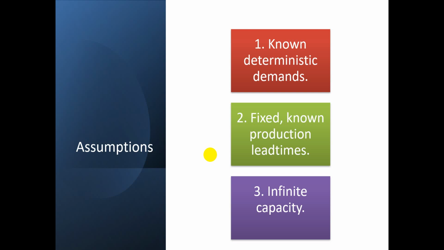Based upon that, he has to plan the procurement engineers, the part and raw material lead times, and infinite capacity. So when you are defining the production, you assume that the capacity of the factory is good, with well equipped facilities.